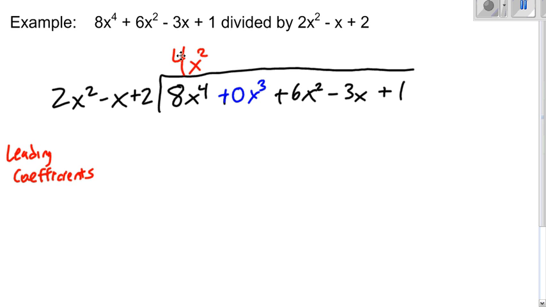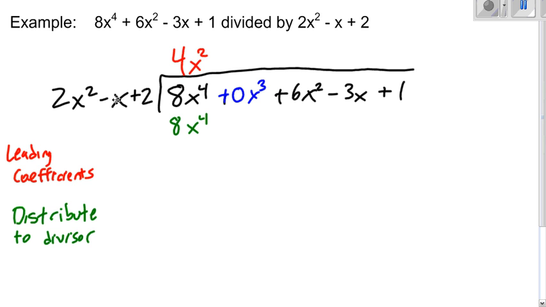You actually distribute to the divisor. 4x squared times 2x squared is 8x to the fourth. Those should always match our first thing.